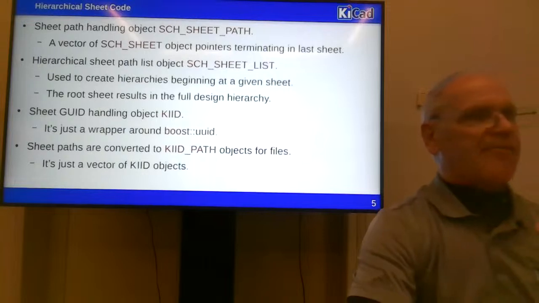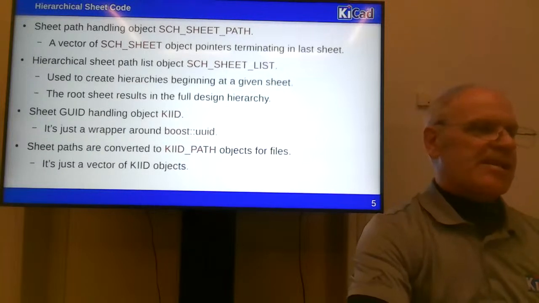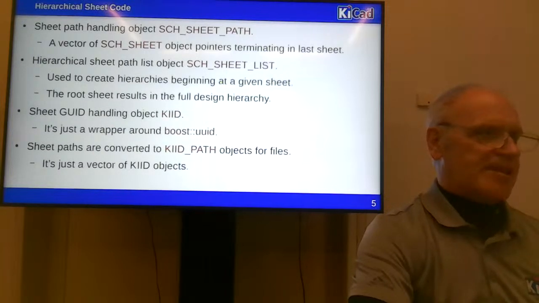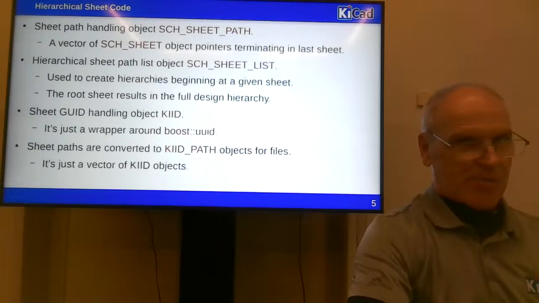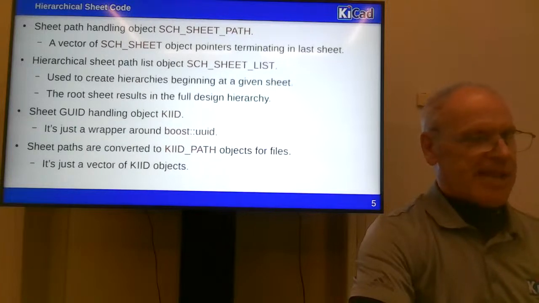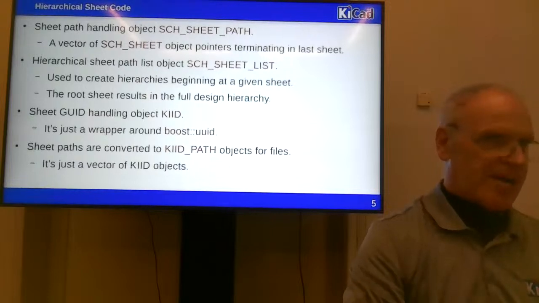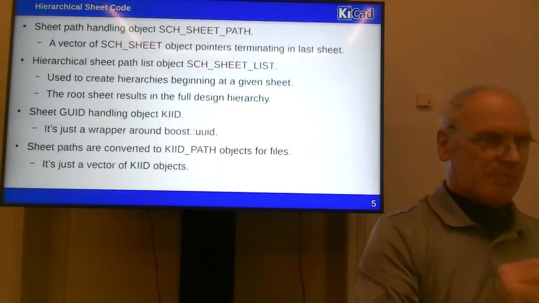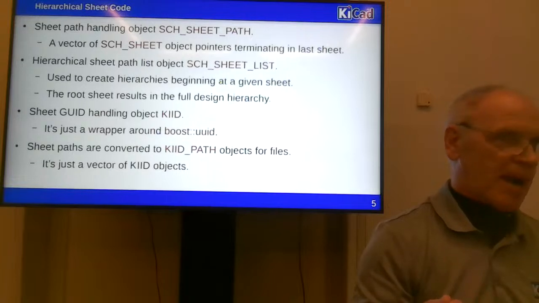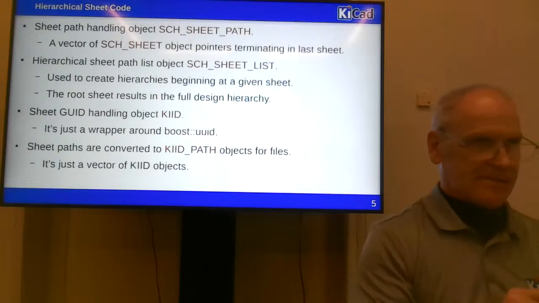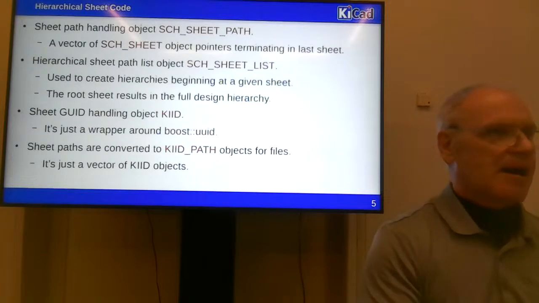So every hierarchy path is the SCH sheet path object, right? And that's what contains and stores the sheet paths, and there's one for each. When we rebuild the hierarchy, and most of this stuff we do on the fly, we don't keep it around to let it go stale, because it's fairly inexpensive to rebuild these on the fly because they're just links, just a link chain of pointers.